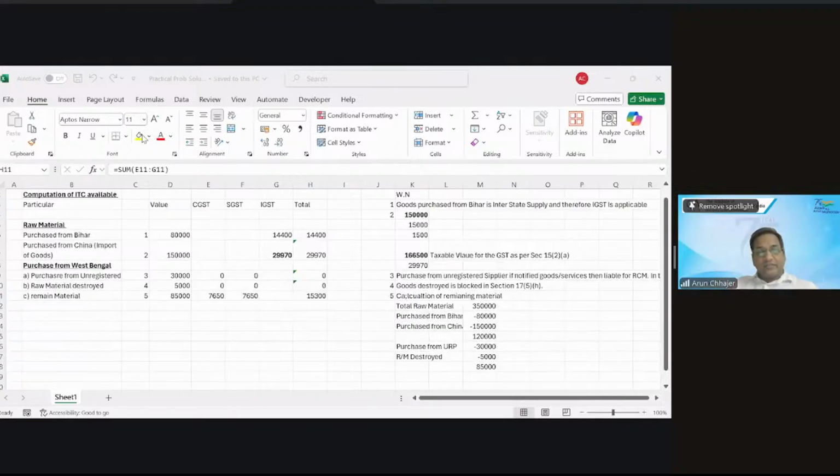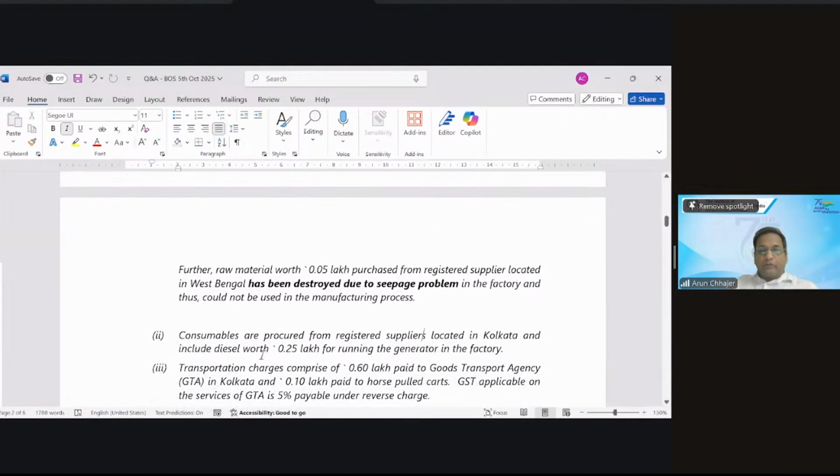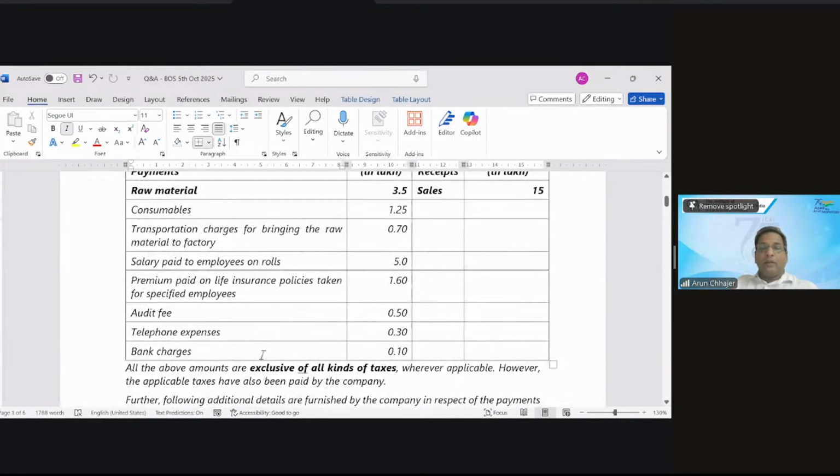Now it says that consumables are procured from a registered supplier located in Calcutta, including diesel of 25,000 for running the factory. What is the total consumable? 1,25,000.